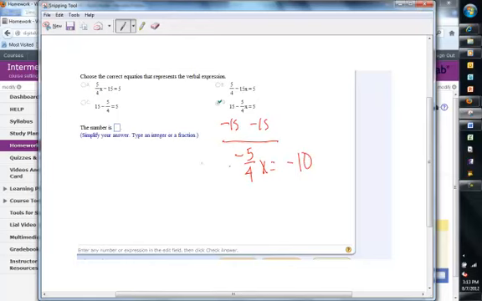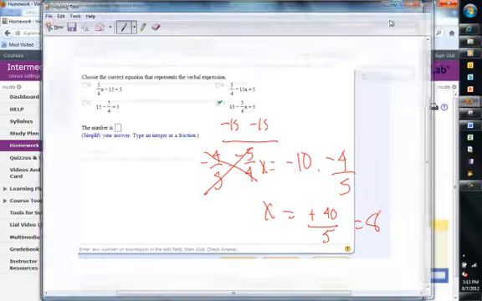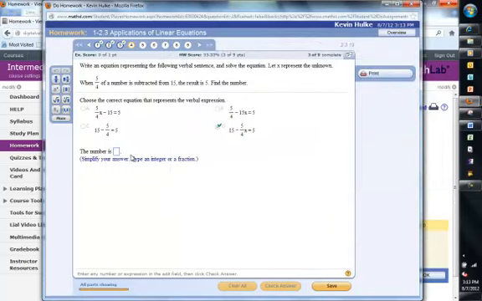Multiply both sides by negative 4/5. These cancel, and we get x equals negative 40 over negative 5, which is 8. Okay, next one.